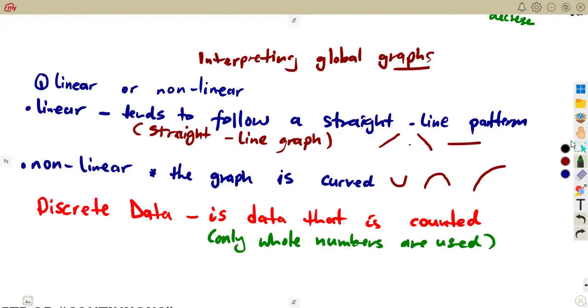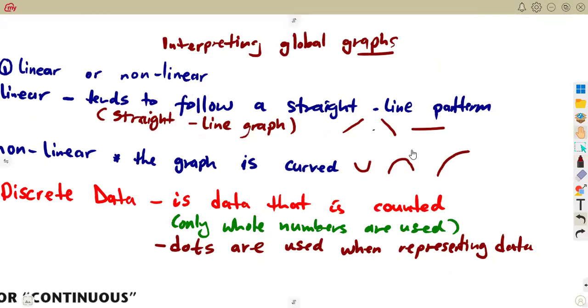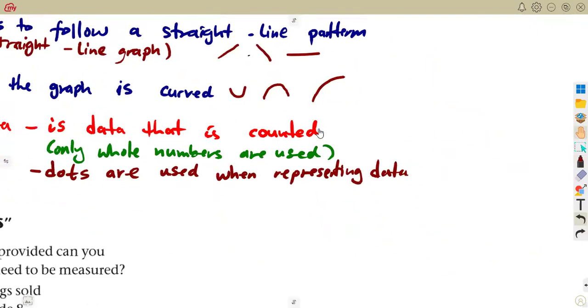So in terms of the presentation, here we are talking of interpreting it. How are we going to interpret? Dots are used in terms of presentation. When representing discrete information, they are going to use dots.